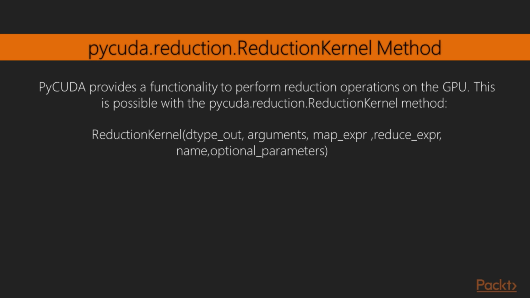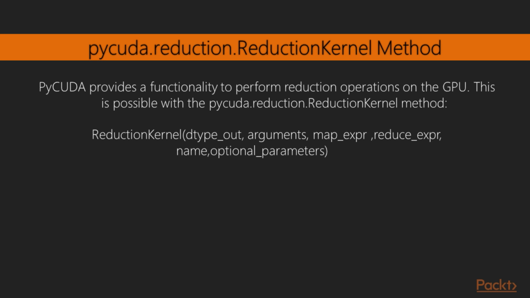Here we note that 1. dtype out. This is the output's data type and must be specified by the numpy.dtype data type. 2. Arguments. This is a C argument list of all the parameters involved in the reductions operation. 3. Map expression. This is a string that represents the mapping operation. Each vector in this expression must be referenced with a variable I. 4.